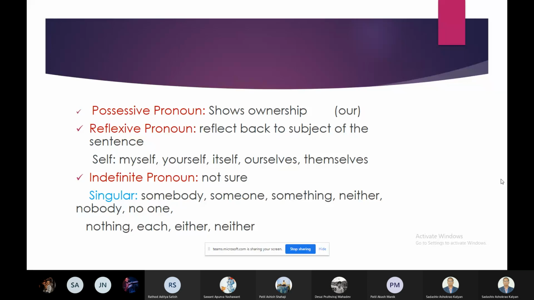These are the indefinite pronouns we use, and we want to keep in mind that they are always considered singular.